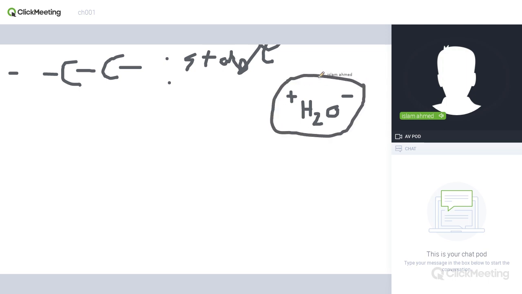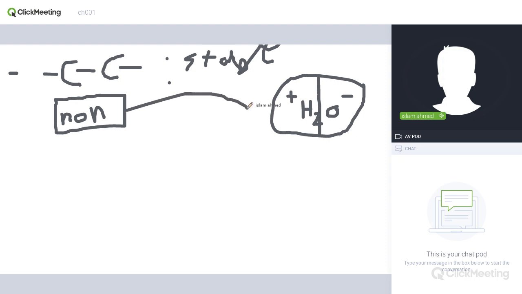Polar: part of it is negative, part of it is positive. That's very important because the alkanes are non-polar hydrocarbons, and the water molecule is polar, so they do not mix together.